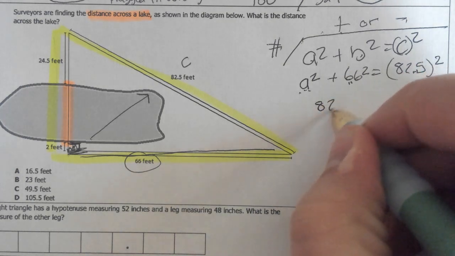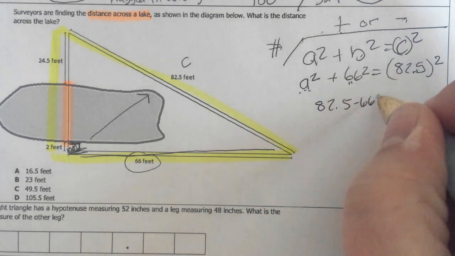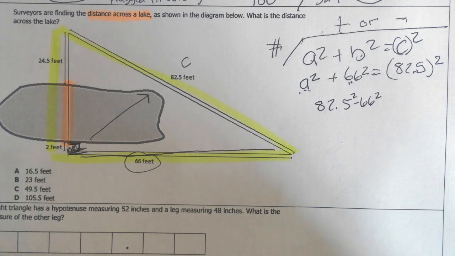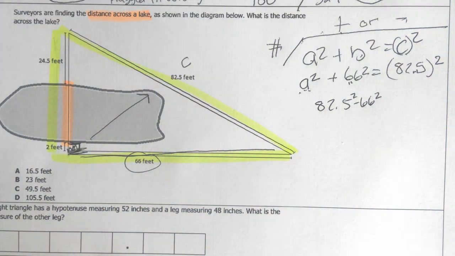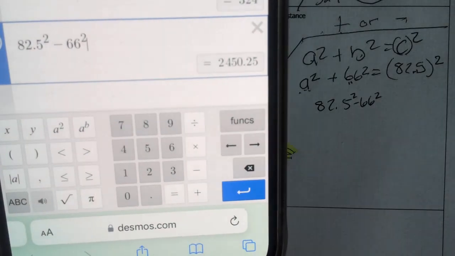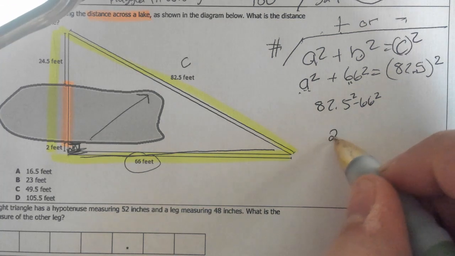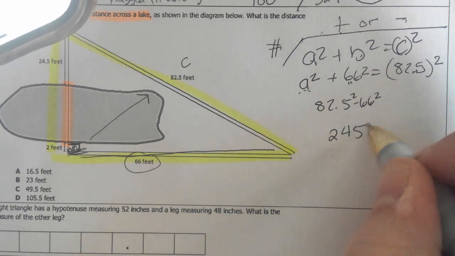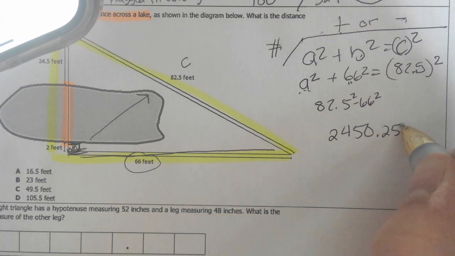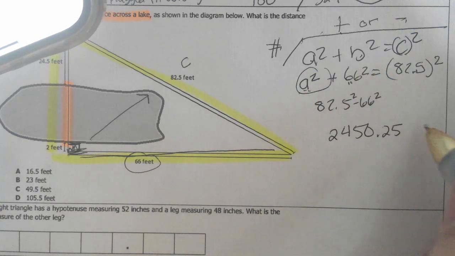So on Desmos, we're typing in 82.5 squared minus 66 squared. And that gives me 2,450 and a quarter, 2,450.25. That tells us what the leg squared is.